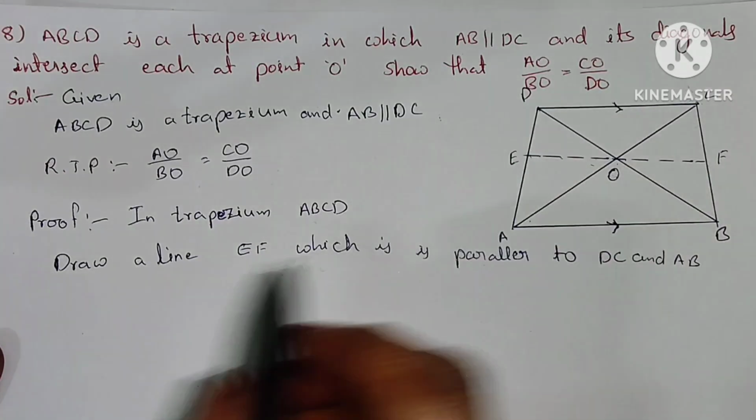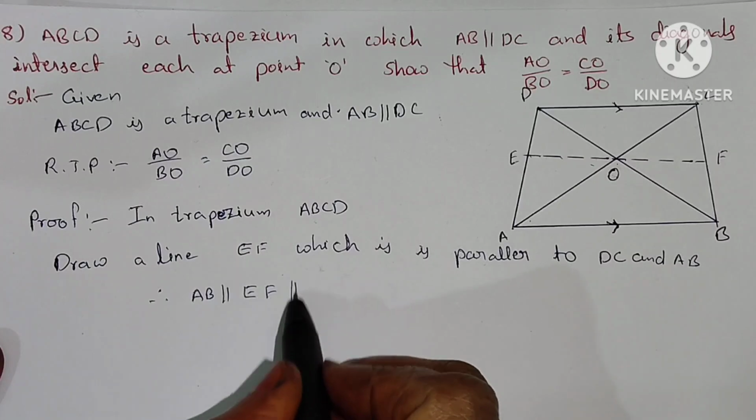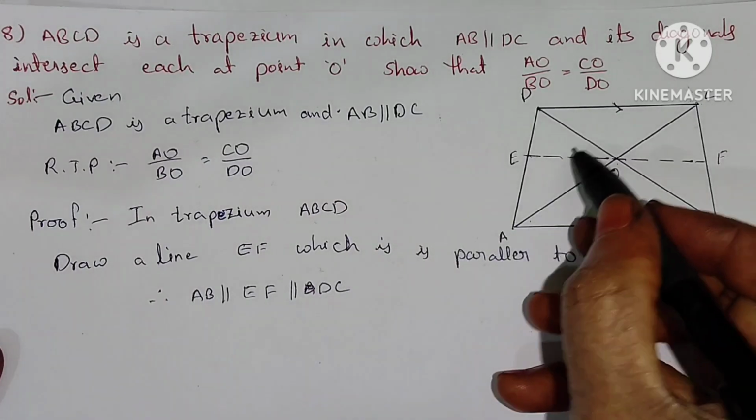So here these three lines are parallel, therefore AB is parallel to EF is parallel to DC.